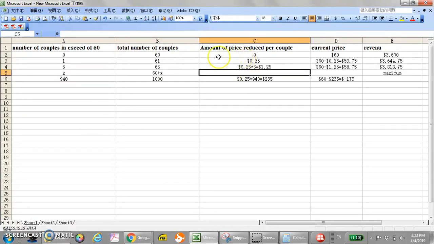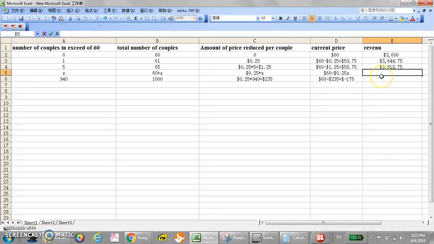And the amount of price reduced per couple is 0.25 times x. So the current price is 60 minus 0.25 times x.